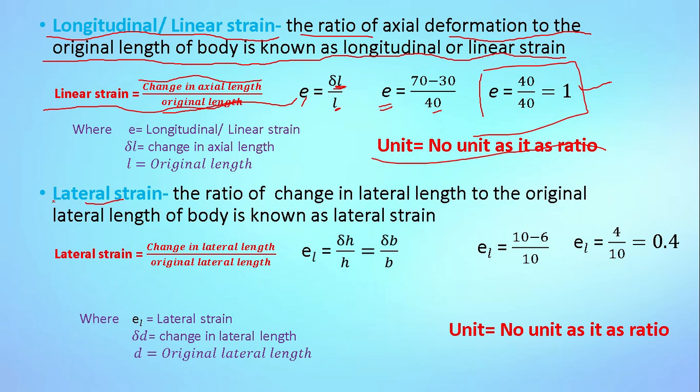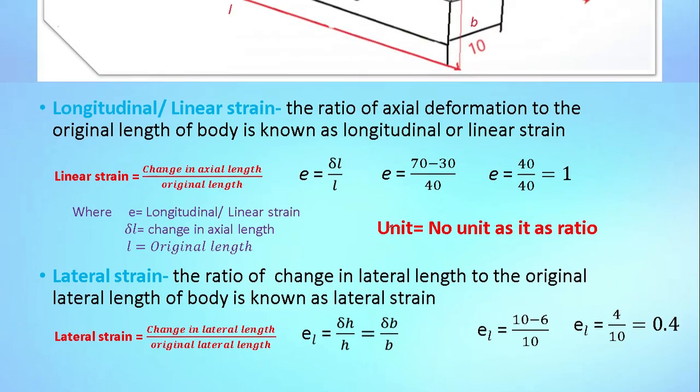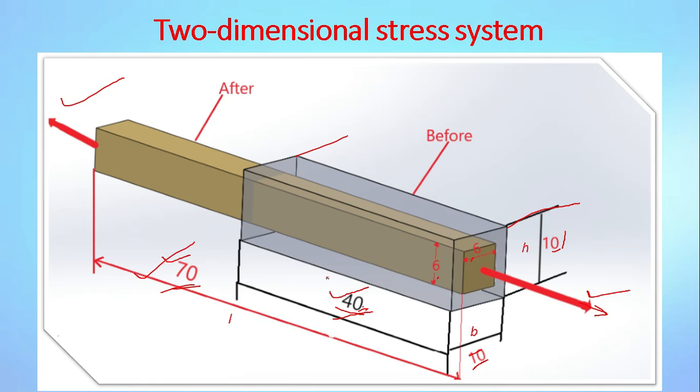Next, lateral strain. The ratio of change in lateral length to the original lateral length of the body is known as lateral strain. In the previous figure, along the direction of applied force, this is the linear dimension. L is the linear dimension, and B and H, these two are lateral dimensions.